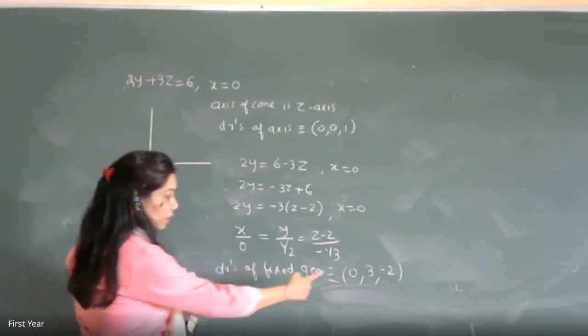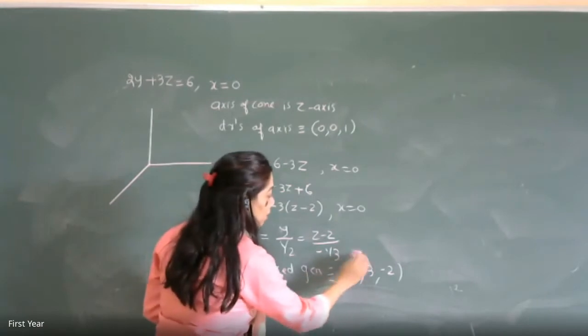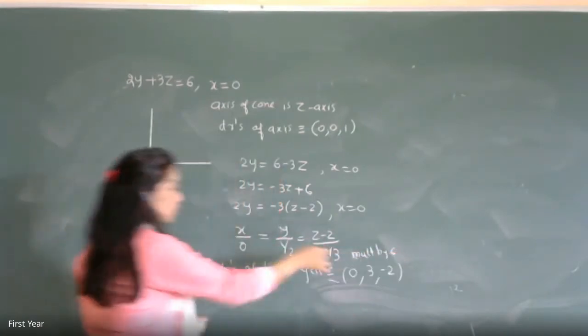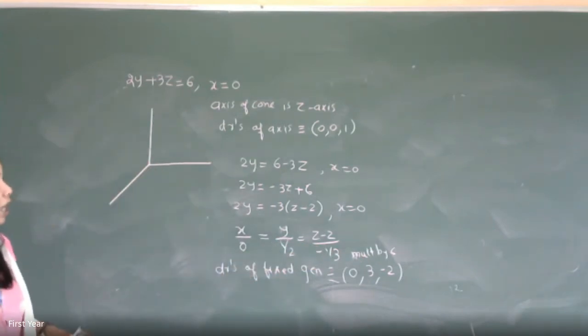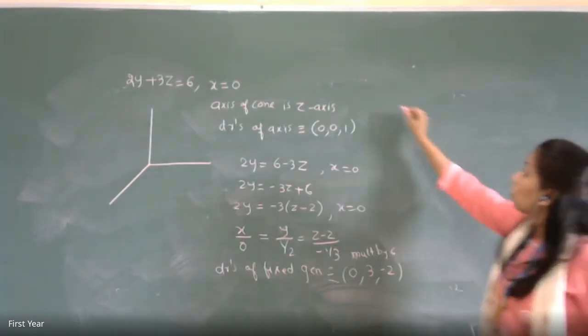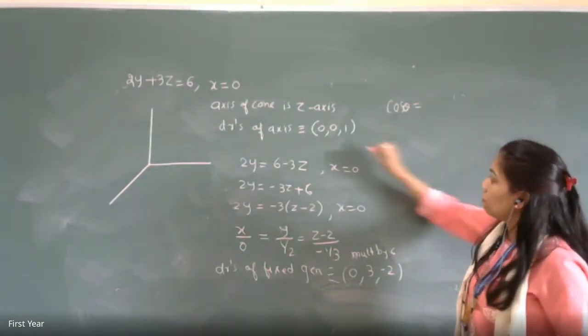Okay, did you get it? How we got it? Multiply by 6. So we got this, and therefore now cos theta will be the product of this and this.